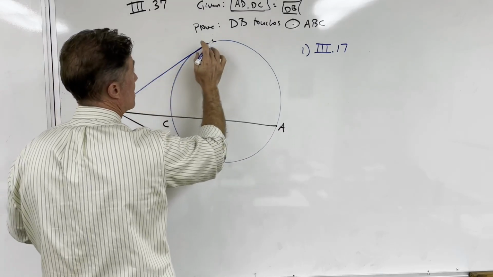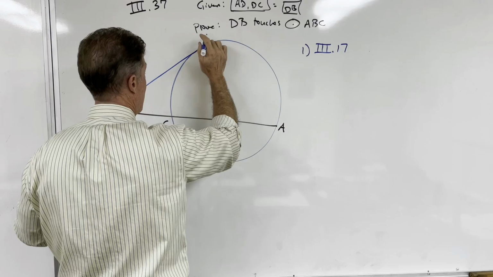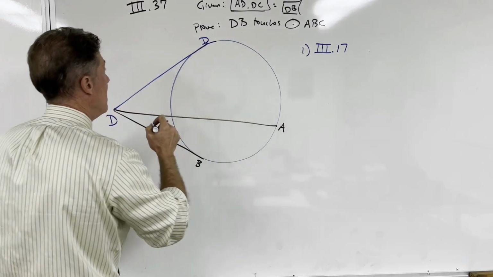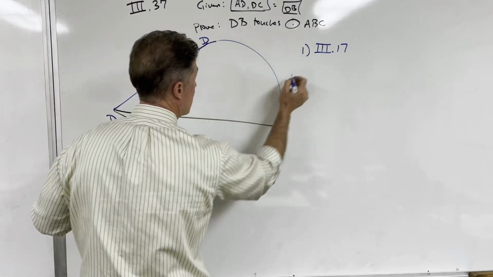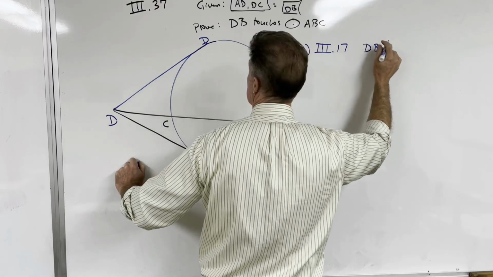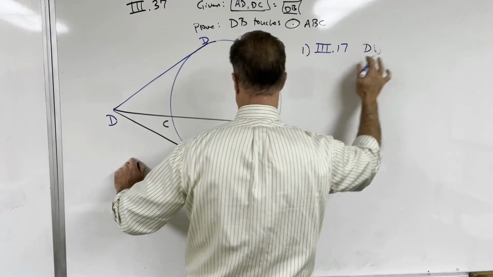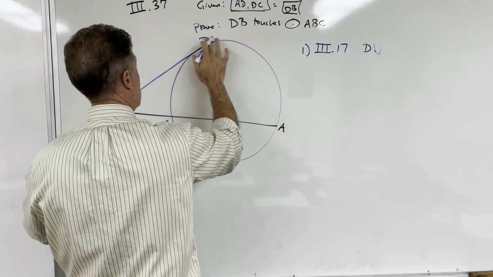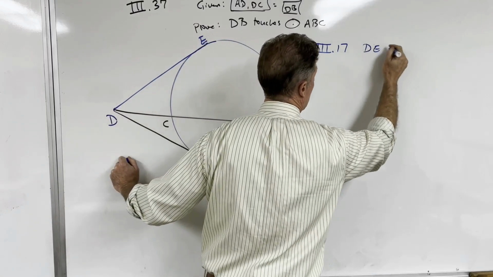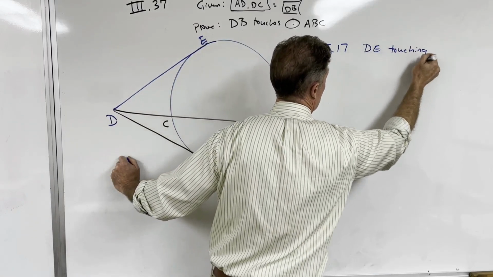So let's draw that touching line, and let's have it touch the circle at E. So we're going to draw DE touching the circle.